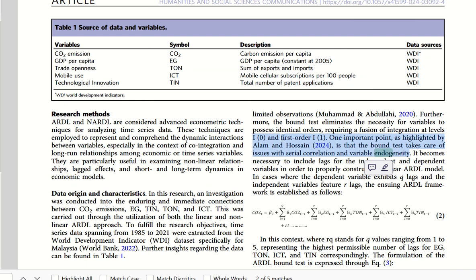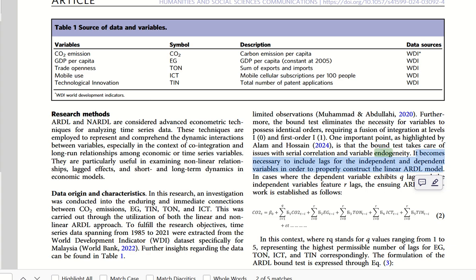Another important specification of this method is lag specification. As mentioned here, it becomes necessary to include lags for the independent and dependent variables in order to properly construct the linear ARDL model. So, before estimation, the author first determines the optimal lag length.